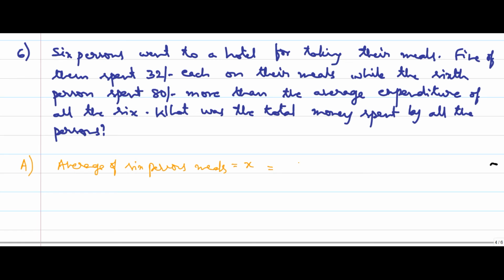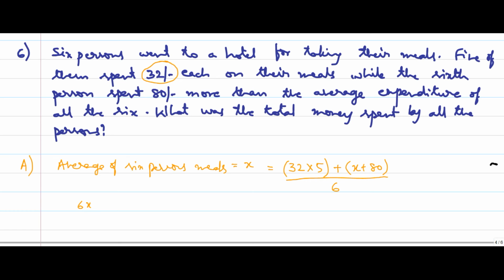Out of this, each person spent 32 rupees, and in that way 5 persons are there. So 5 persons spent 32 rupees each, plus the sixth person spent 80 rupees more than the average expenditure of all the 6. So the average expenditure of all the 6 is X here. So it will be X plus 80, divided by total 6. That's all. Now it's very easy.